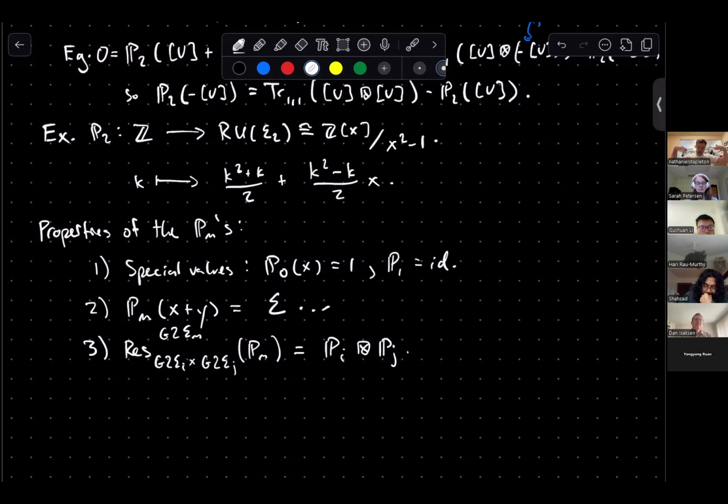So from PM, I can recover these smaller power operations from the bigger ones in this way. Okay.